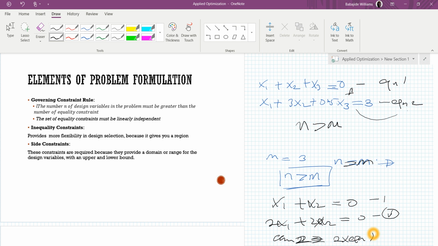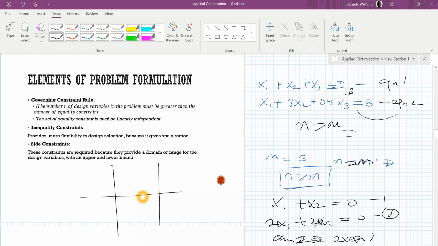Inequality constraints. Let's look at the rules there. When we talk about an equality constraint, it doesn't give some kind of flexibility when you're solving, because it just tells you, say, x equals 3 all across y. There's no flexibility. It's valid only on that line.